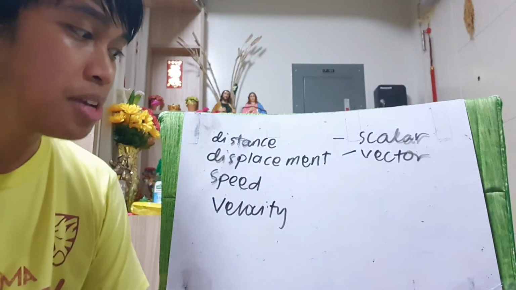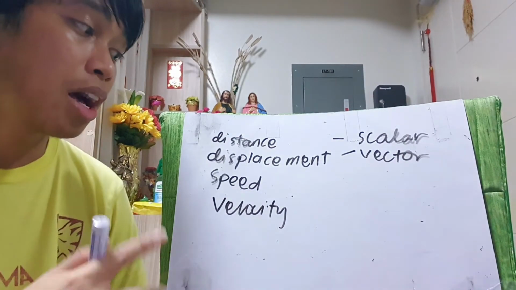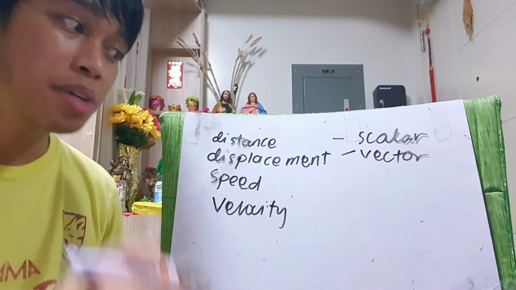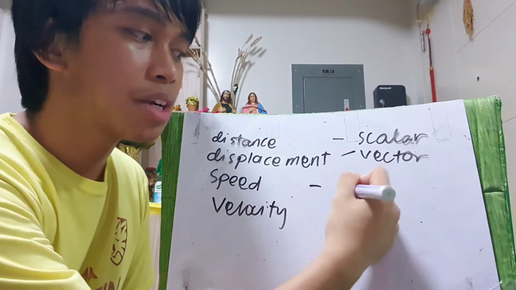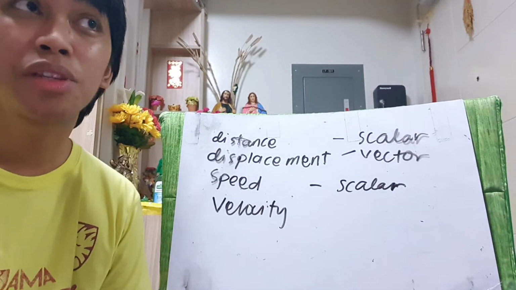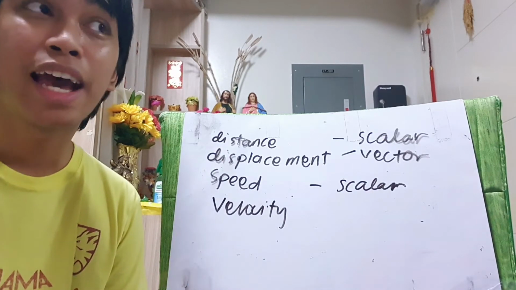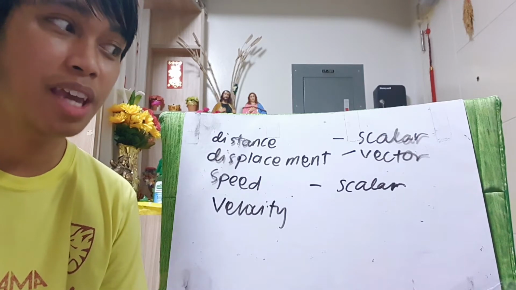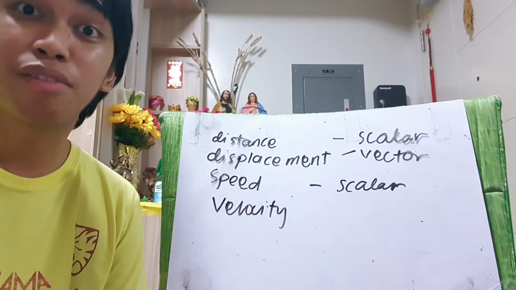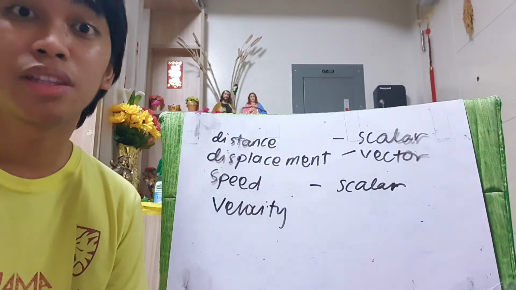Next, we have speed and velocity. Speed and velocity are also different. Why? Because speed is a scalar quantity which refers to the distance covered by the object in motion in a time frame. So when we say speed, that is the distance covered by a moving object through its path over the current time.